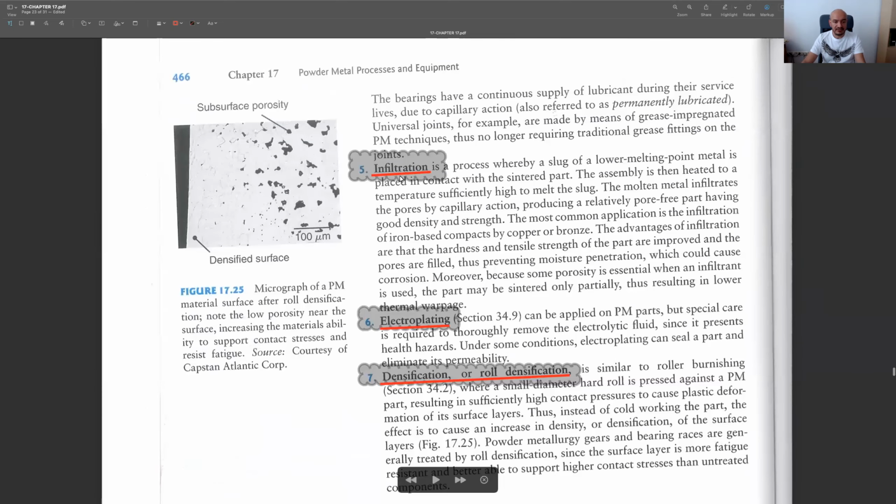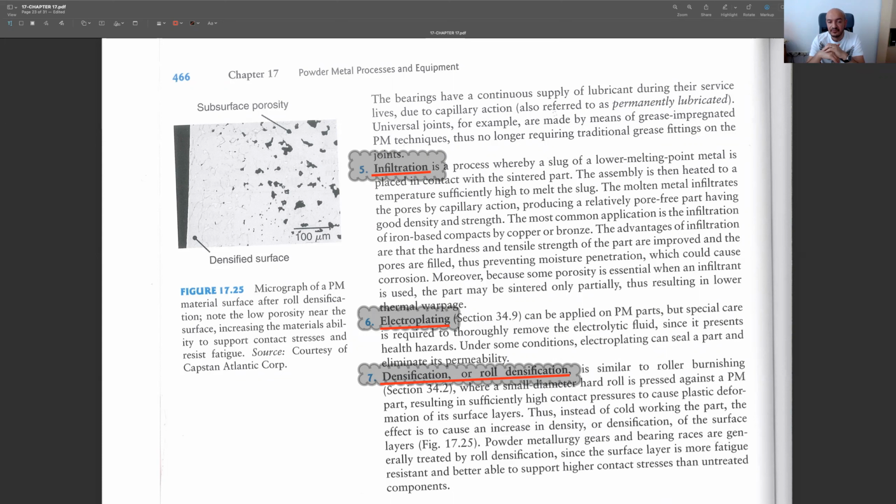Then we have infiltration. This is somehow similar to the previous one, but the main difference is that instead of adding oil in between the powders, we are adding a different metal, which has a lower melting point than the original powder. So how do we do it? We make use of the capillary reaction of these metals.